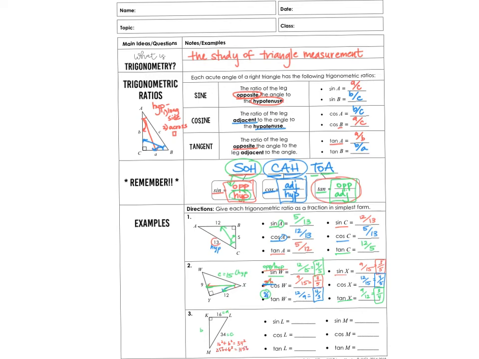So we're going to subtract 256, and we get B squared equals 900.